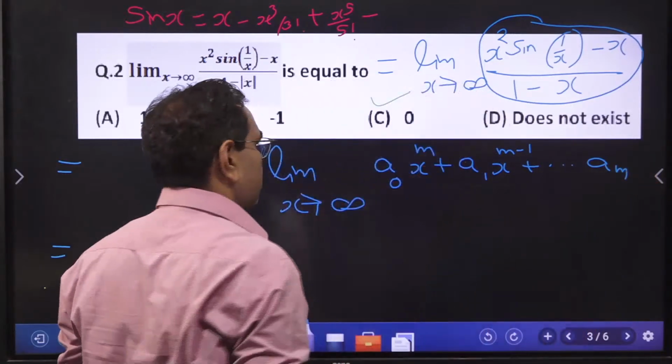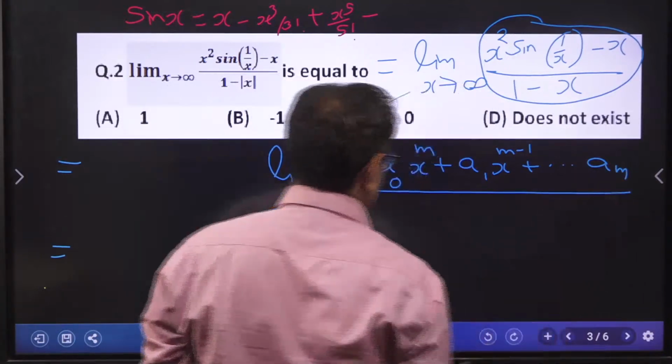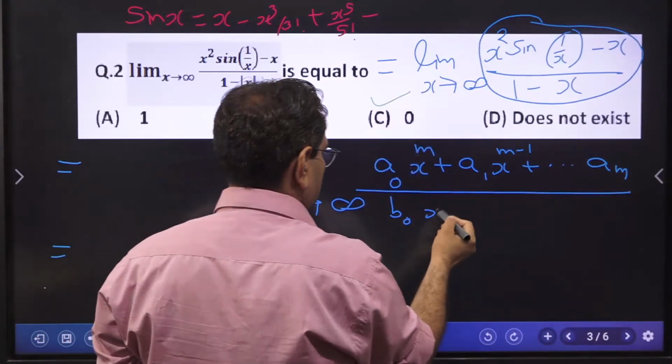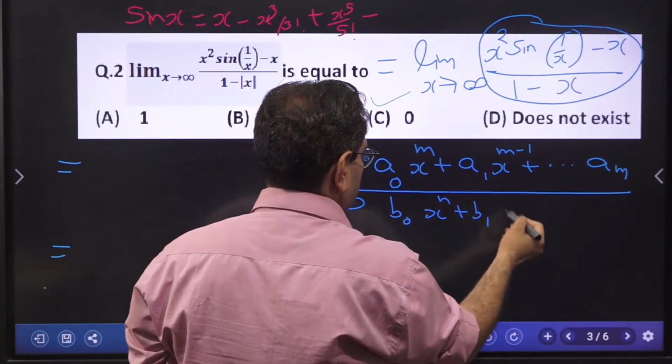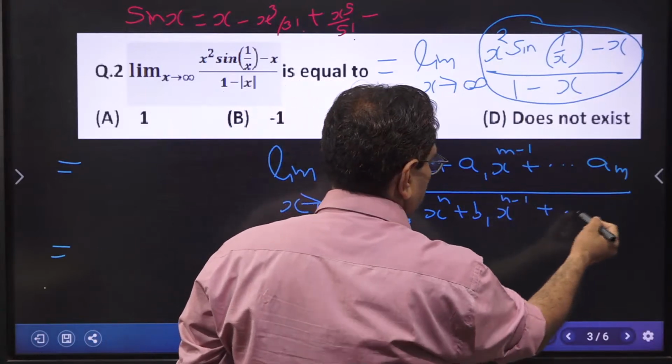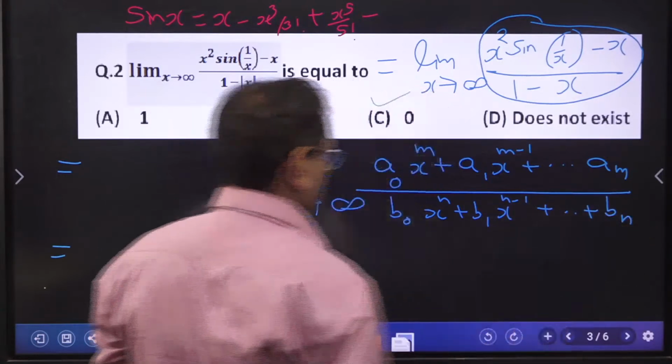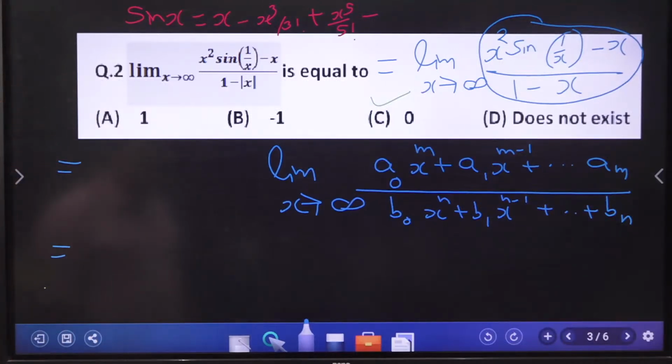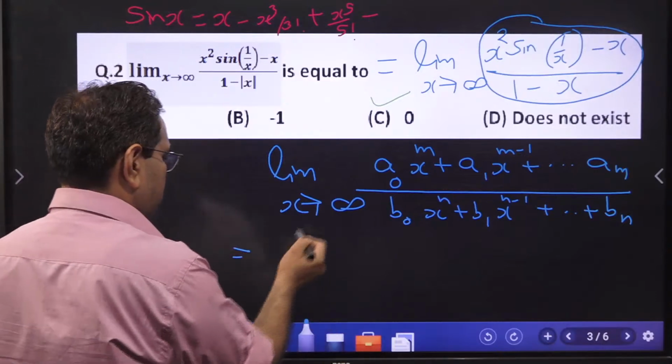This is a polynomial of degree m, divided by b naught x to the power n plus b1 x to the power n minus 1 plus ... plus bn. So both numerator and denominator are polynomials in x. Numerator is a polynomial of degree m, denominator is a polynomial of degree n. So equal to what?